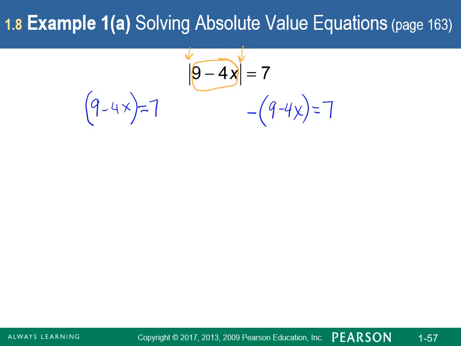Now in attacking this, notice over here on the left, the 9 minus 4x that's in parentheses really doesn't need to be in parentheses at all. When we finish solving, we will subtract the 9 from both sides, and divide by negative 4.